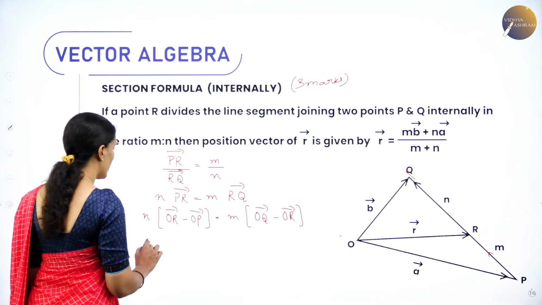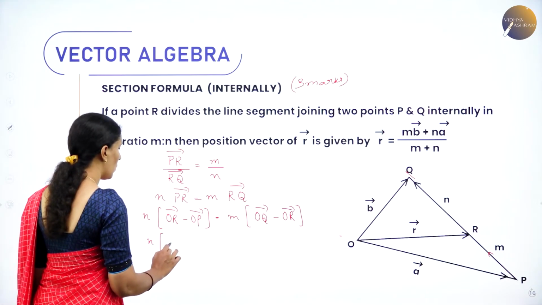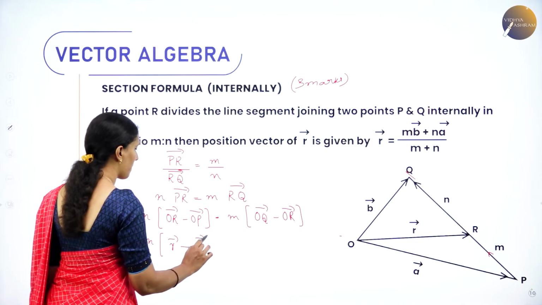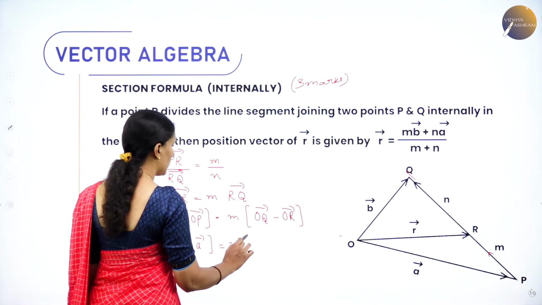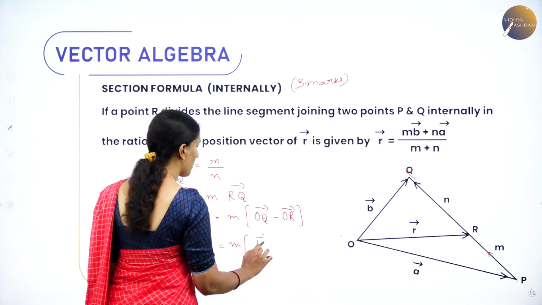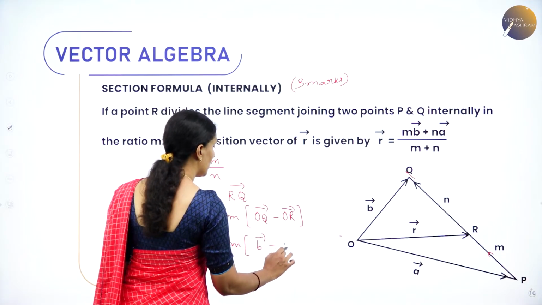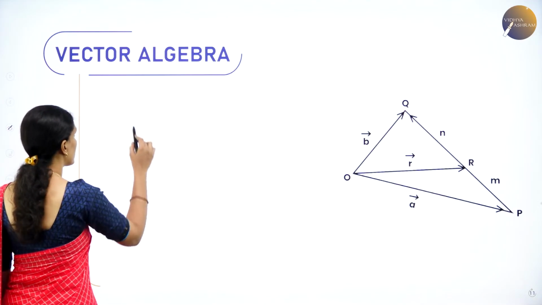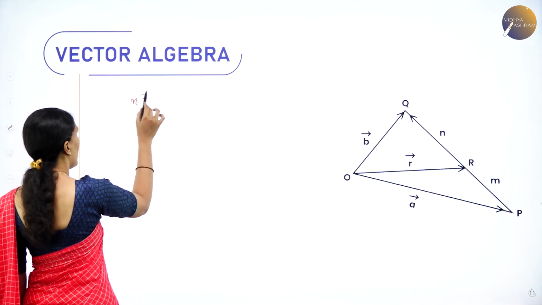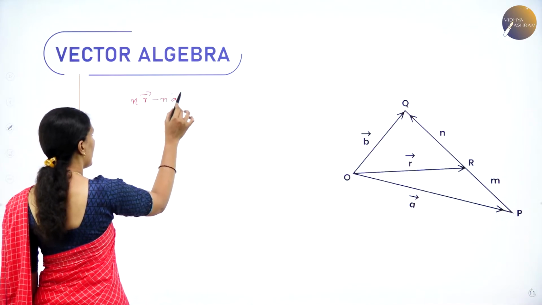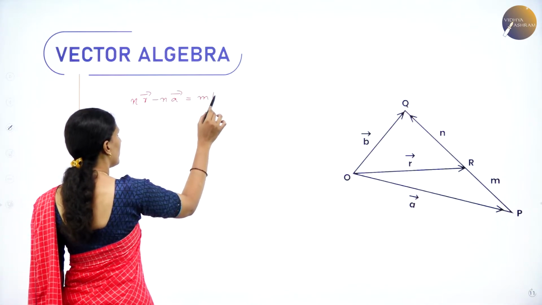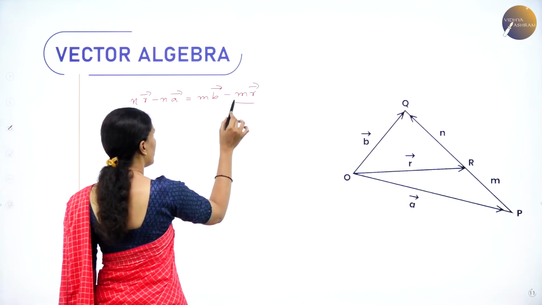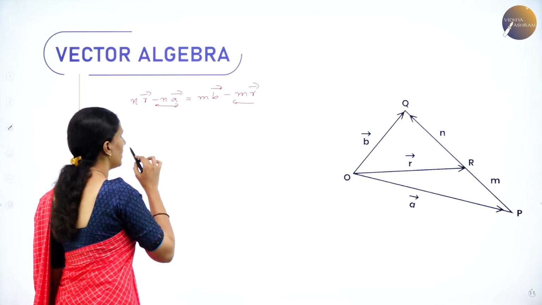So now here vector OR is nothing but R and this is A. Here it is vector B minus vector R. On multiplying, this becomes NR minus NA is equal to MB minus MR. Let me shift MR here, NA here.